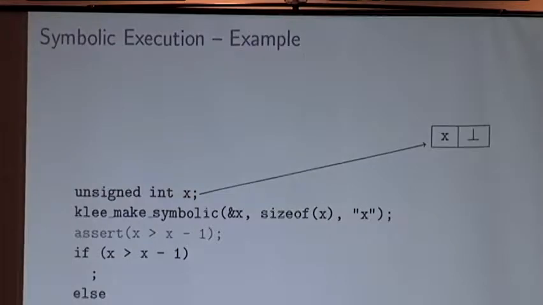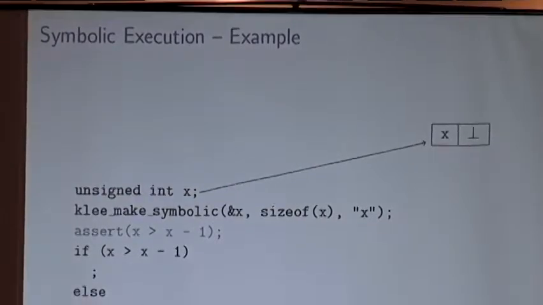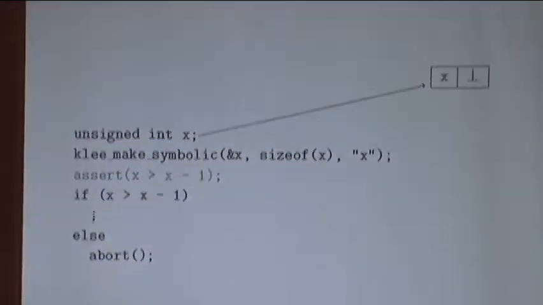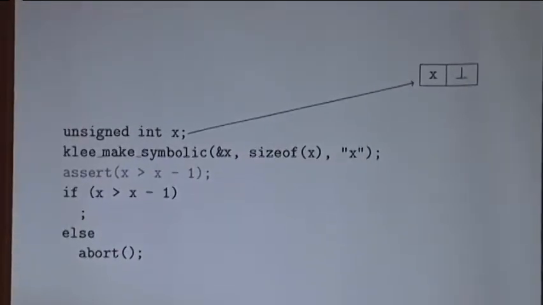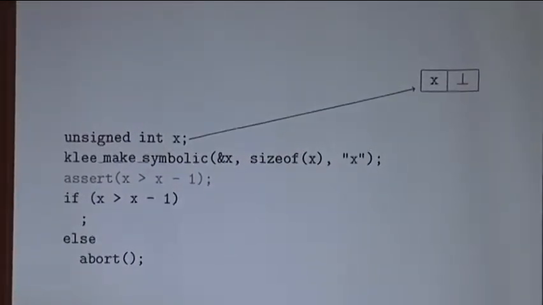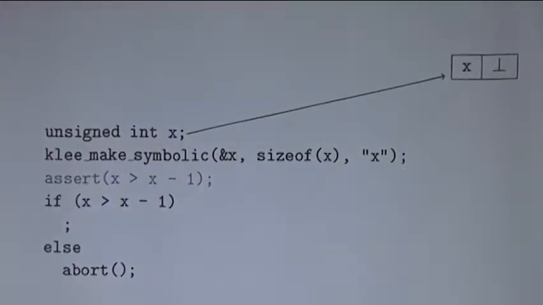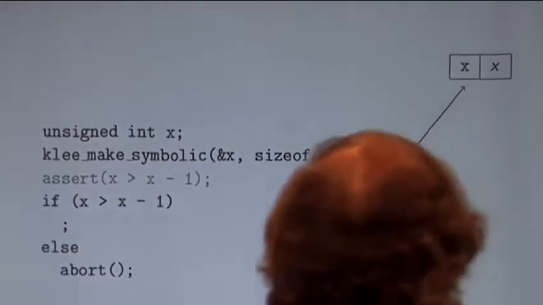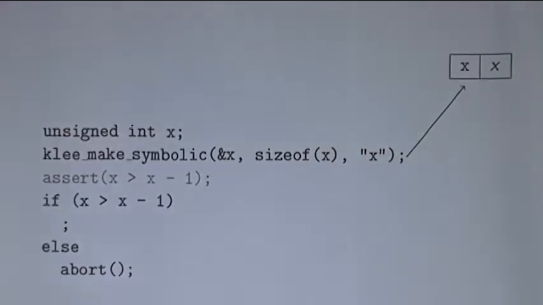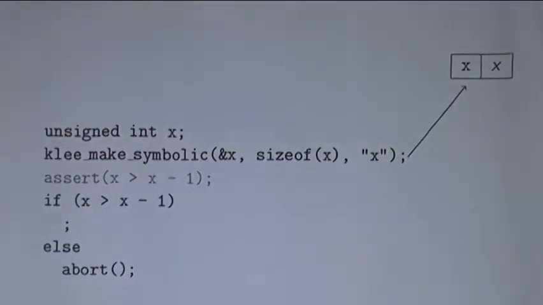So this is an example of how symbolic execution works. On the right we have our state, and initially we start with x having an undefined value. Then we assign x a symbolic value, so it gains the value x.